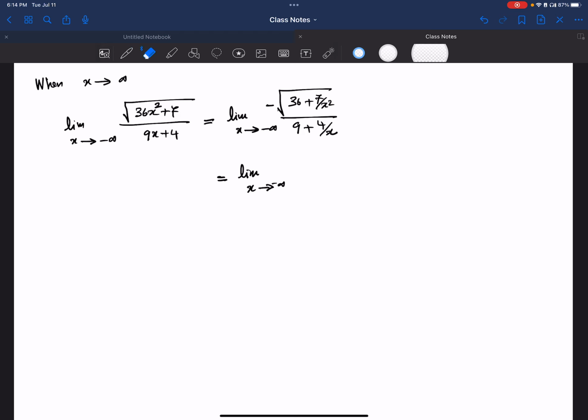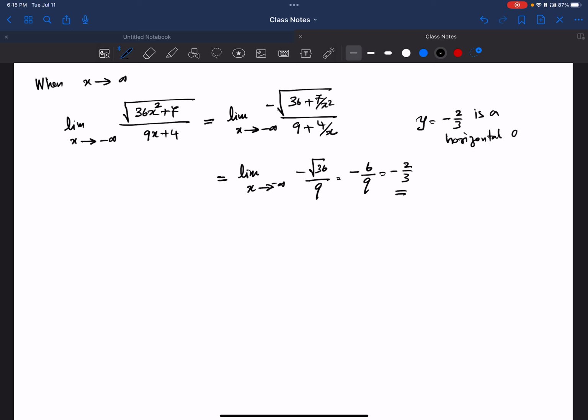So we have negative 36 by 9, so it's negative 6 over 9. So it's negative 2 over 3. So y equals negative 2 over 3 is a horizontal asymptote.